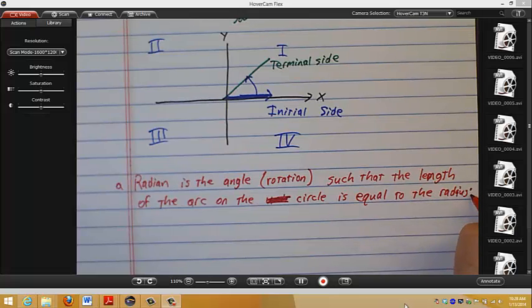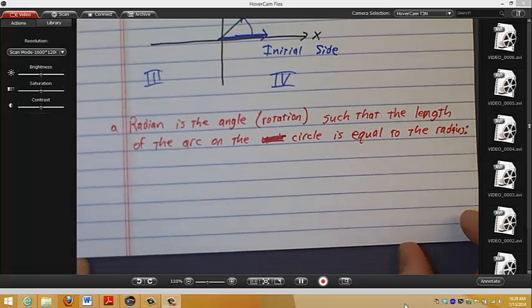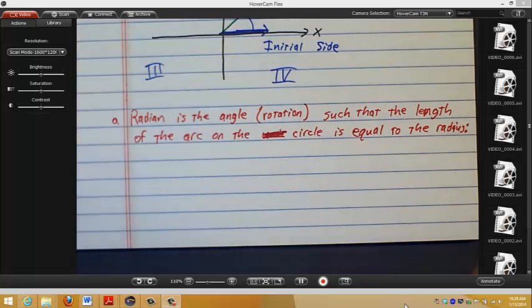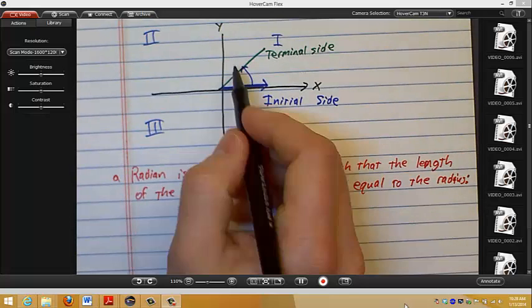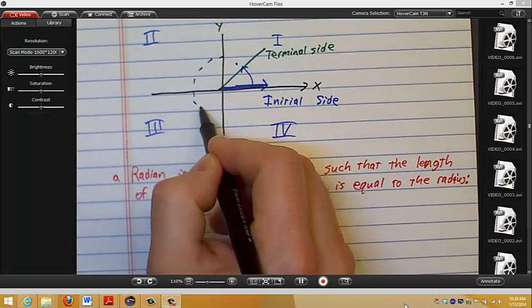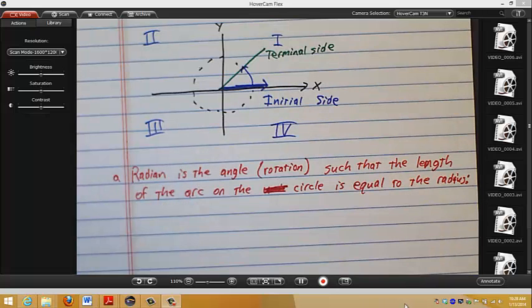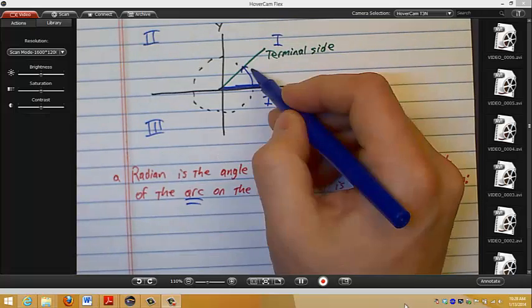And I have to draw a picture of this for you to see what I'm talking about. You'll notice that in the picture above, I started to draw a circle because circular motion is rotation. And the blue arc was right here.